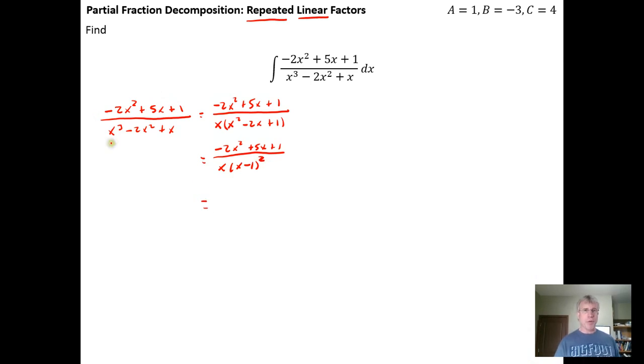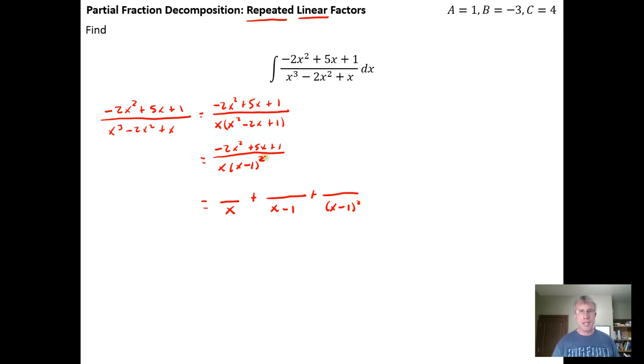So if we're going to break this ratio into a sum of ratios, we're actually going to need to break it into three ratios. So the possibilities are something over x plus something over x minus 1 plus something over x minus 1 squared.